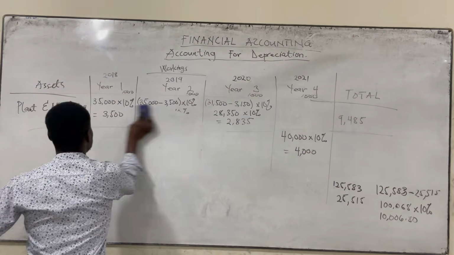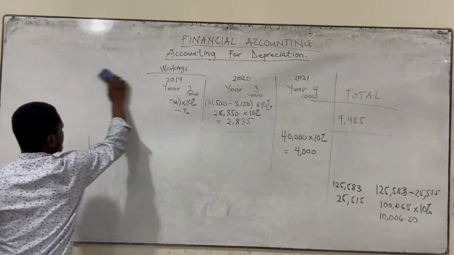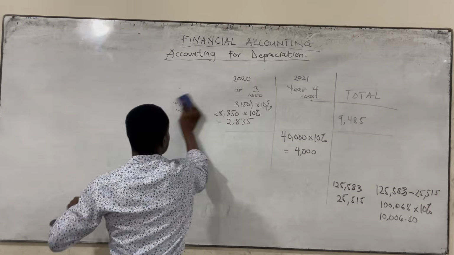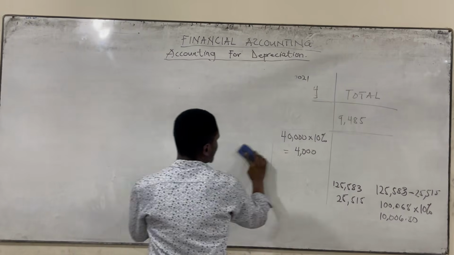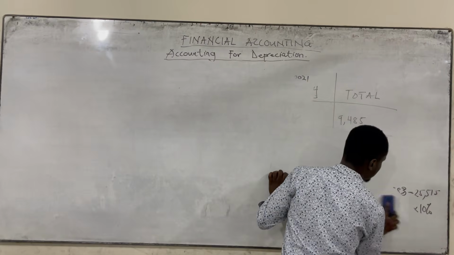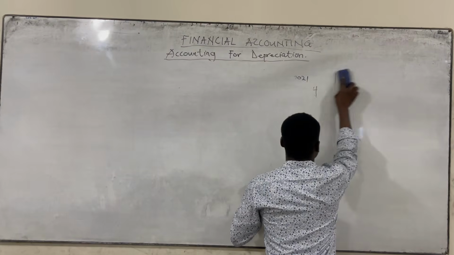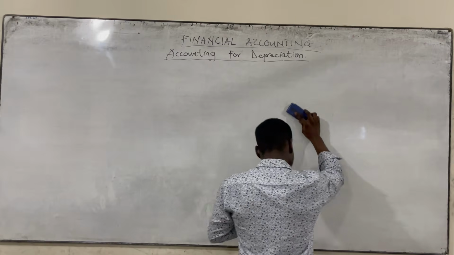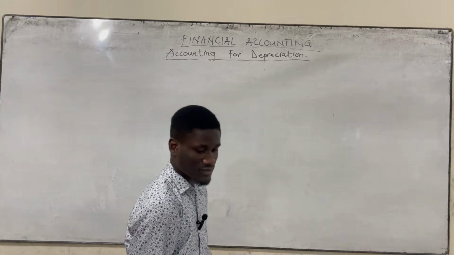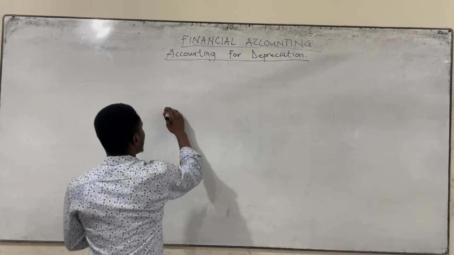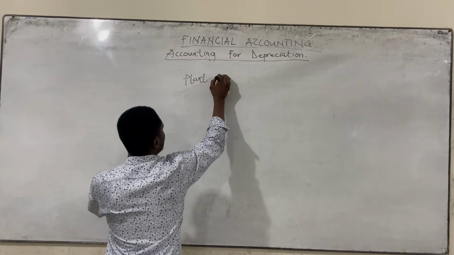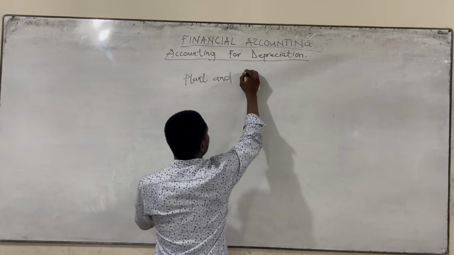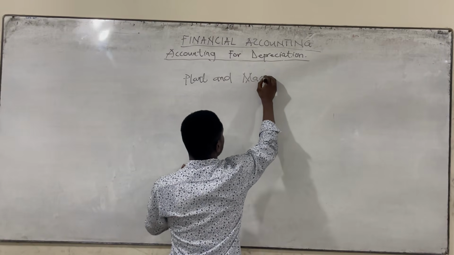Good. So we'll go to the machine account. So with machine account, we know that the cost of the asset we bought will be debited. Good. So we have plant and machinery.